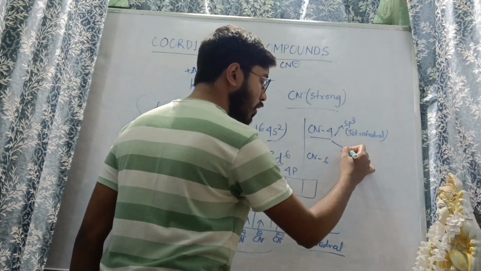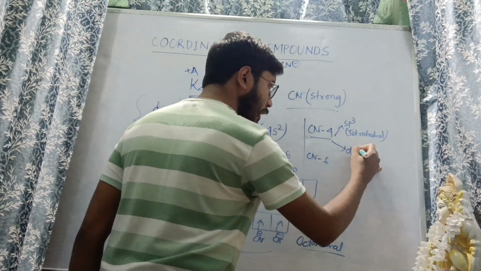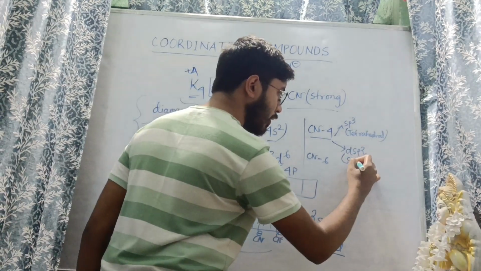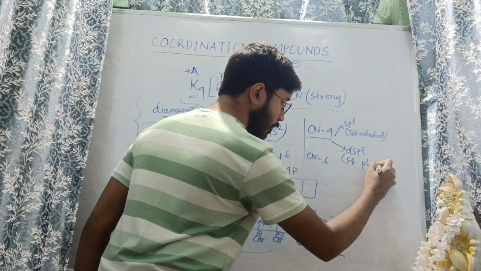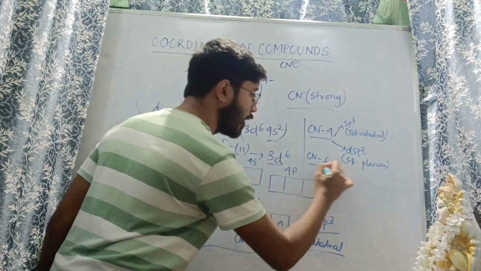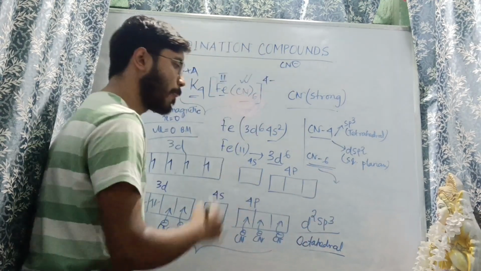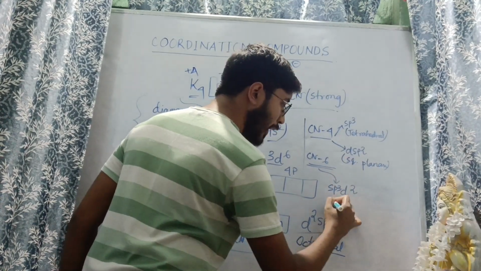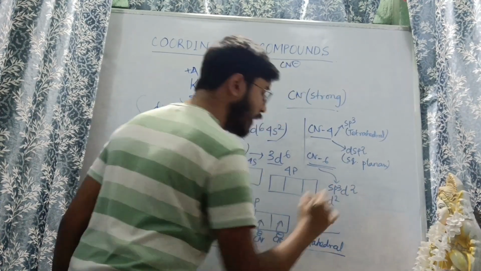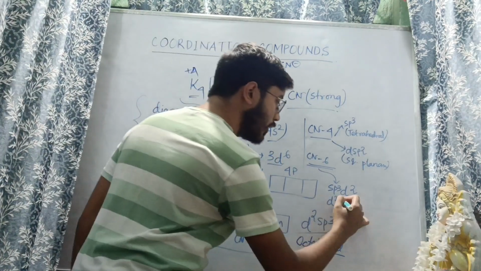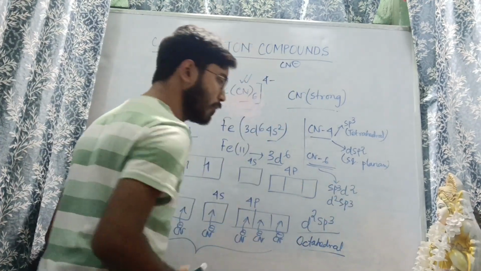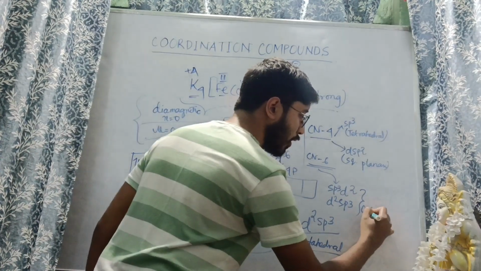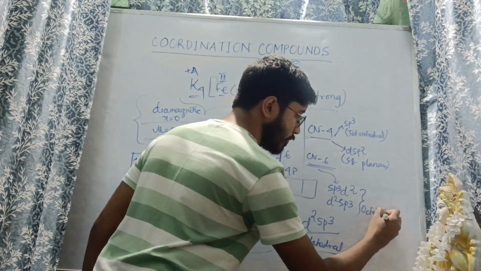But when the hybridization is dsp2, the structure is square planar. And for coordination number 6, when the hybridization is sp3d2, as well as when the inner orbital complex is formed with d2sp3 hybridization, in both cases the structure is octahedral.